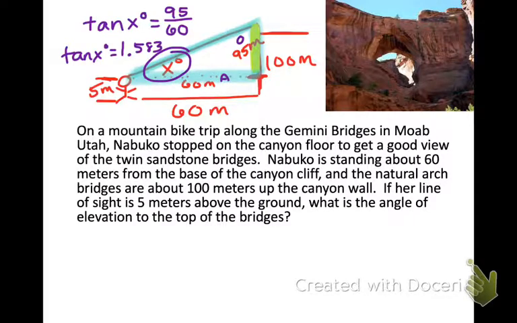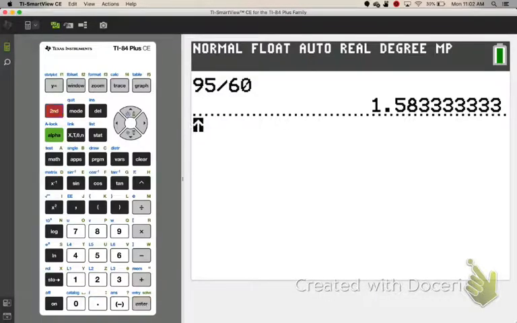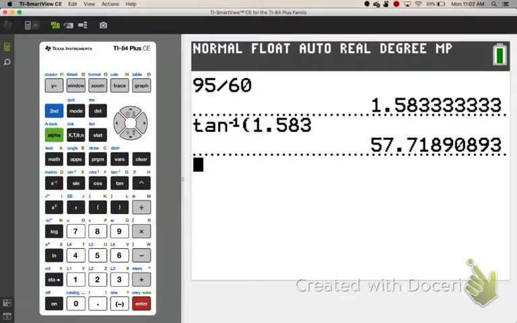So then either using your green table, go to your tangent column and try to find the closest degree that gets you to the ratio of 1.583. Or if you have your calculator, we could hit second tangent, 1.583, hit enter, and we get 57.7 degrees.